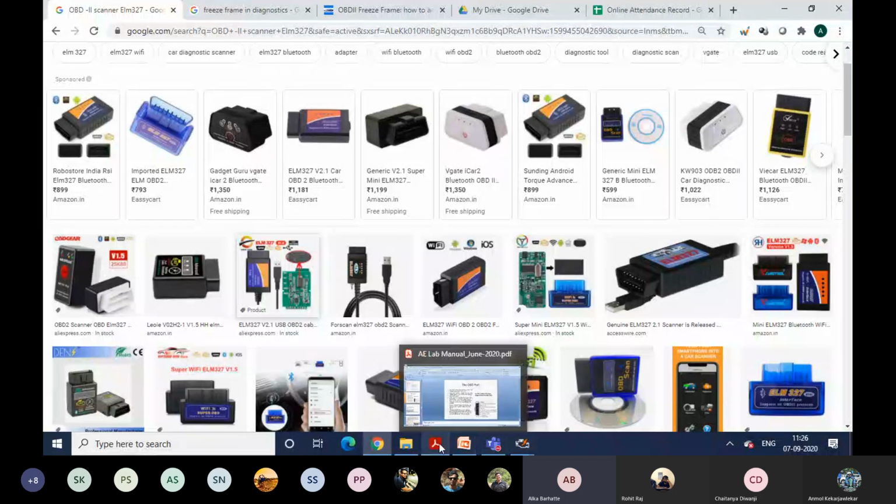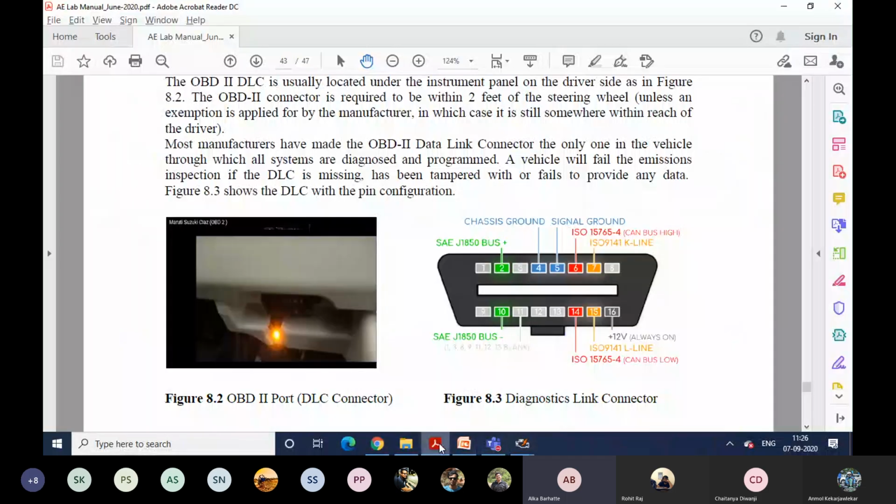Before that, we will go for the pin configuration. It's a 16 pin connector, which supports various different protocols. For example, you can see here these two green pins will support the SAE J1850 bus.